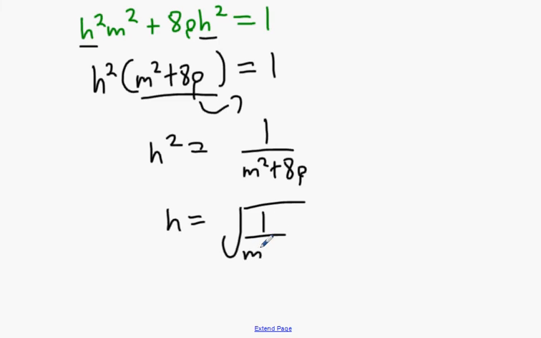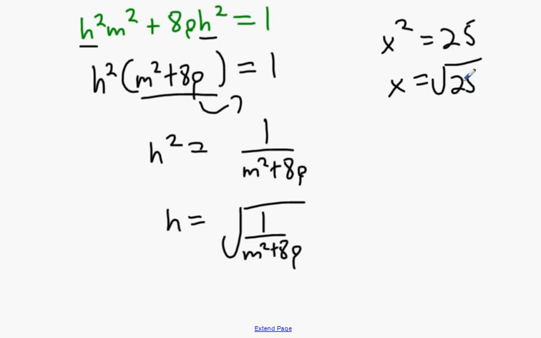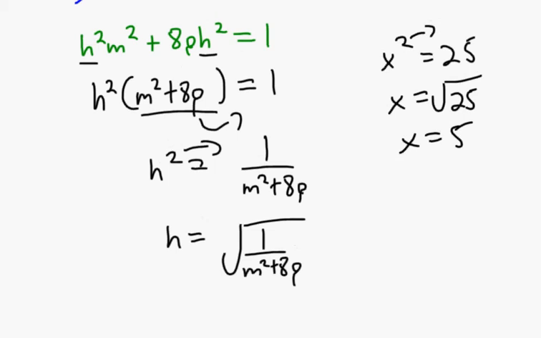On a much more basic level, lads, if you had x squared equals 25, technically what you're doing is x equals root 25. When the square travels over to the other side, it turns into a square root sign, and then x equals 5. So that's what happened here. When this travelled over, it turns the full thing into a square root. Is that alright?